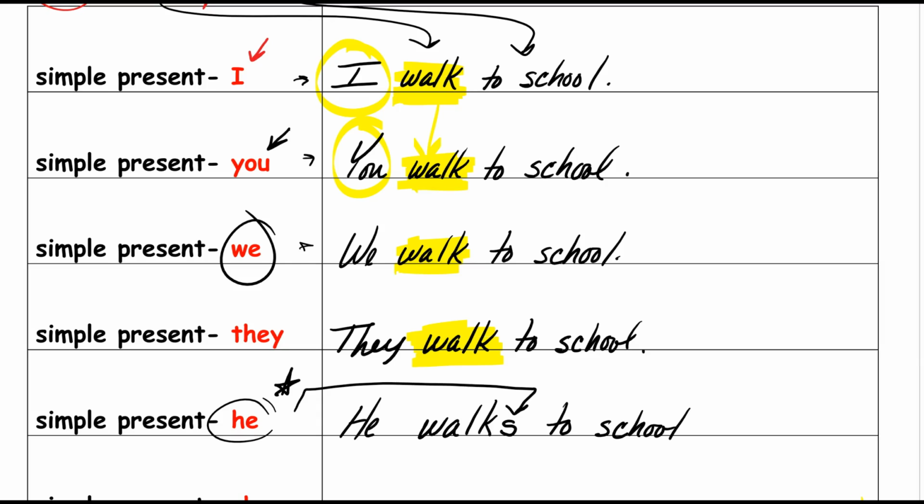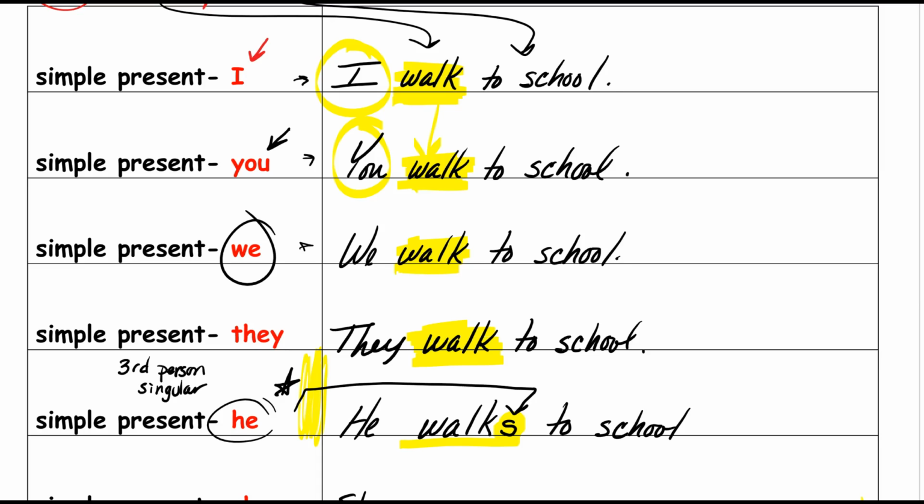The only change in present tense is made with the third person singular. Third person singular. He walks to school. Notice it was I walk, you walk, we walk, they walk, but then we're going to change it. He walks to school.